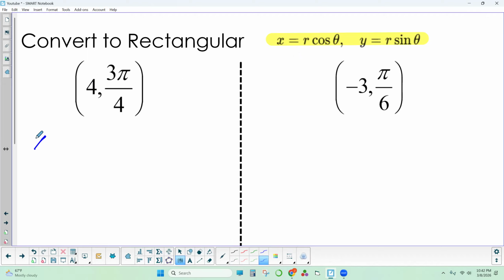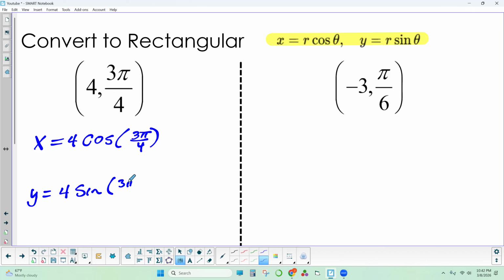Per my identity, x equals r, which is 4, times cosine of 3 pi over 4. I'm going to do the same thing for y: y equals r, which is 4, times sine of 3 pi over 4.